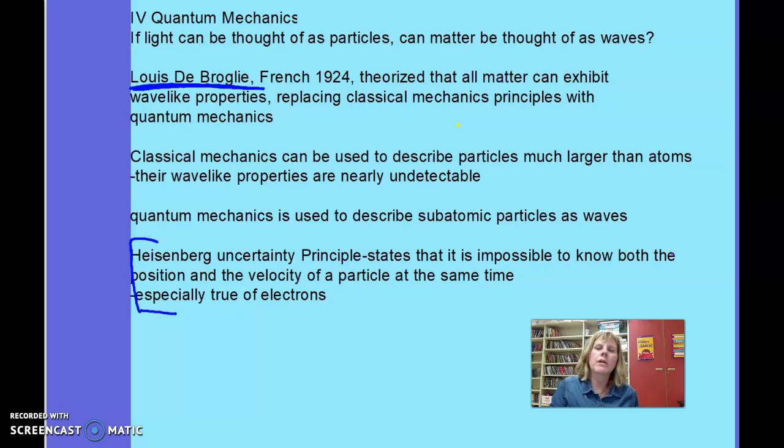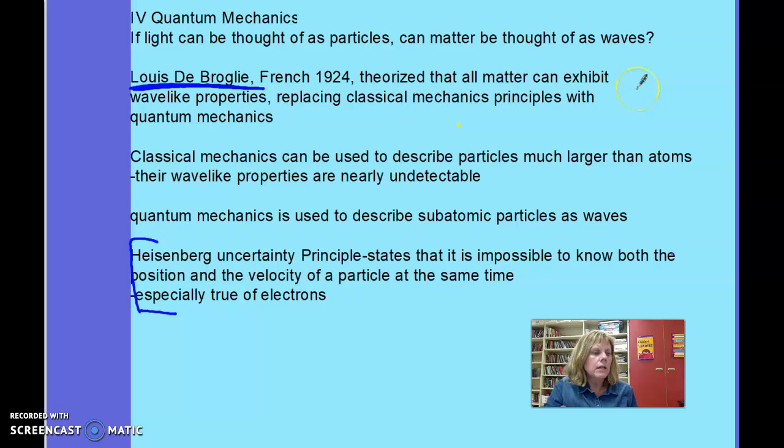So the Heisenberg uncertainty principle says you can either know where something is or how fast something is moving, but it's impossible to know both at the same time, because if you're measuring one of those things, then the other one is not measurable. If you just know the definition, you're fine.